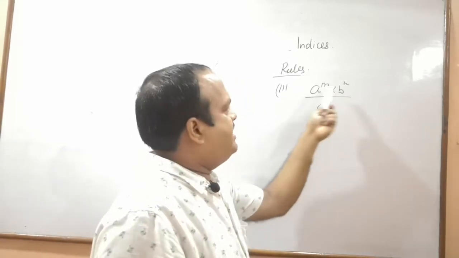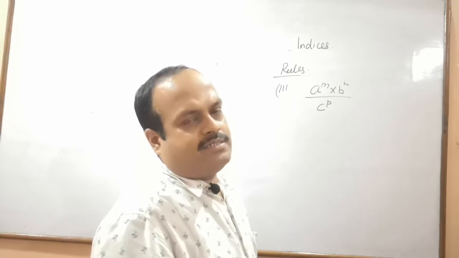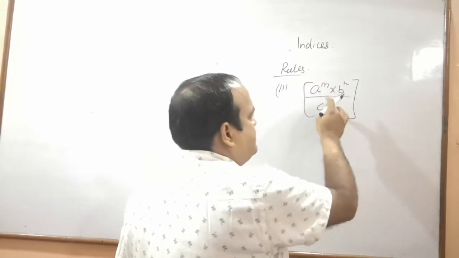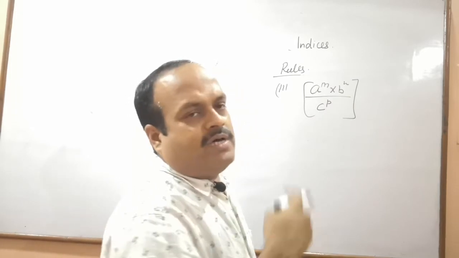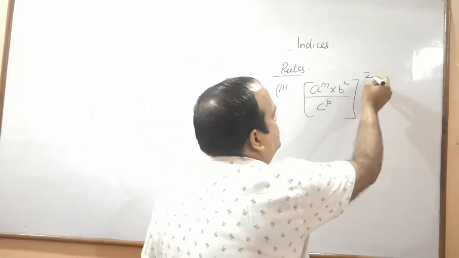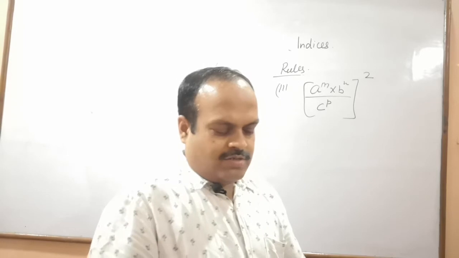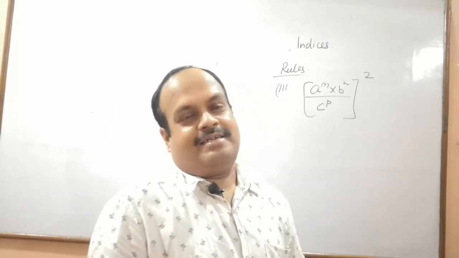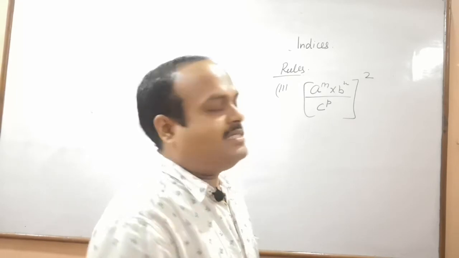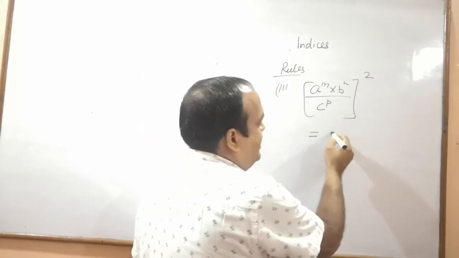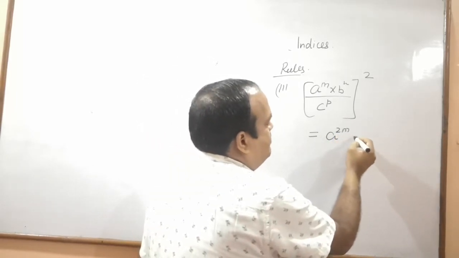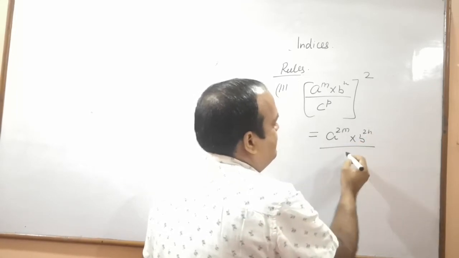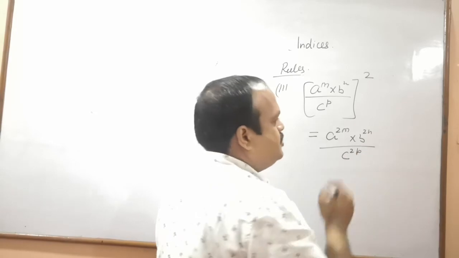The bases are different, but this number is when raised to power 2. So the power law is applicable here, and it gives the result as a to the power 2m into b to the power 2n upon c to the power 2p.